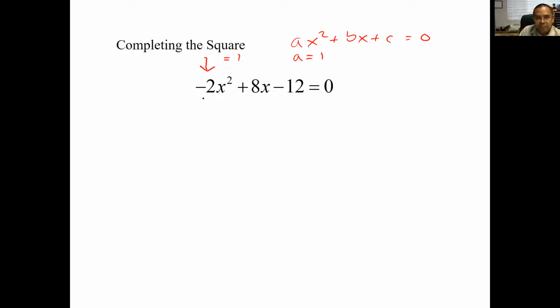So to make this 1, we divide by negative 2. That gives you x squared minus 4x plus 6. Then what? Then add, factor. I think add 8. I mean 2 to both sides.